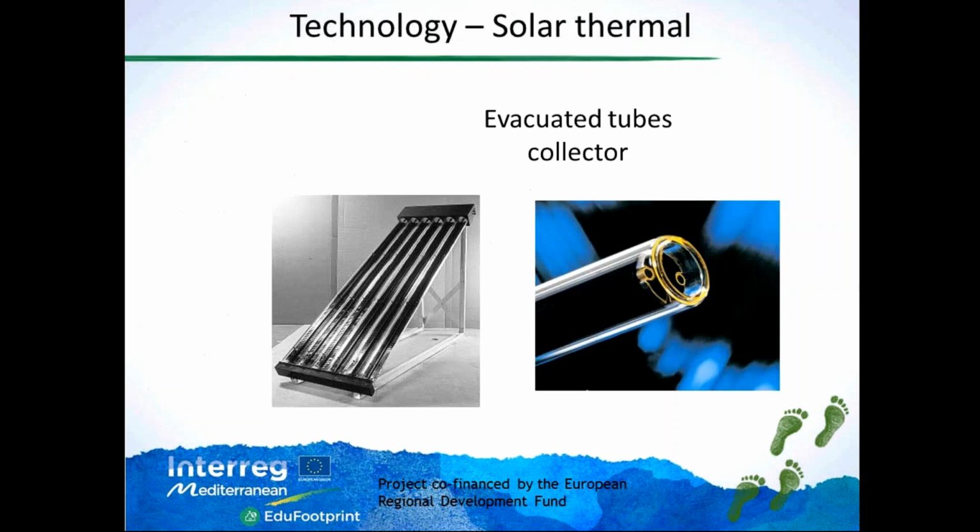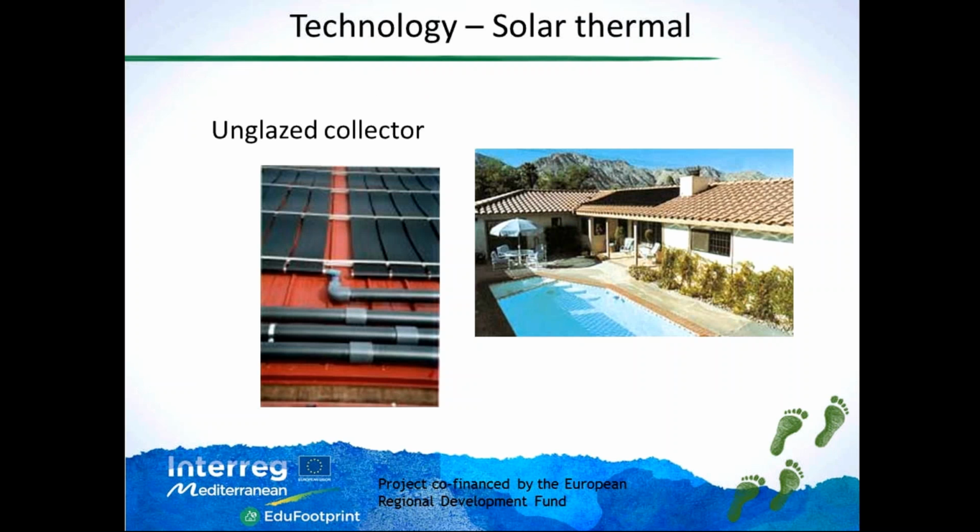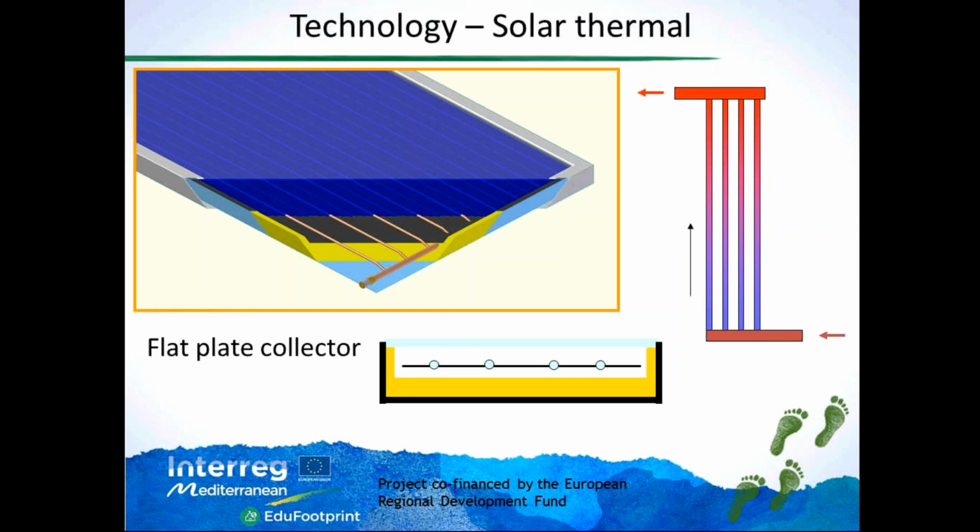So just to summarize what I talked about on solar thermal, I showed you which are the most common technologies, especially in the European market. I told you the flat plate collector, which is the typical solar panel, covers about 90% of the European market.